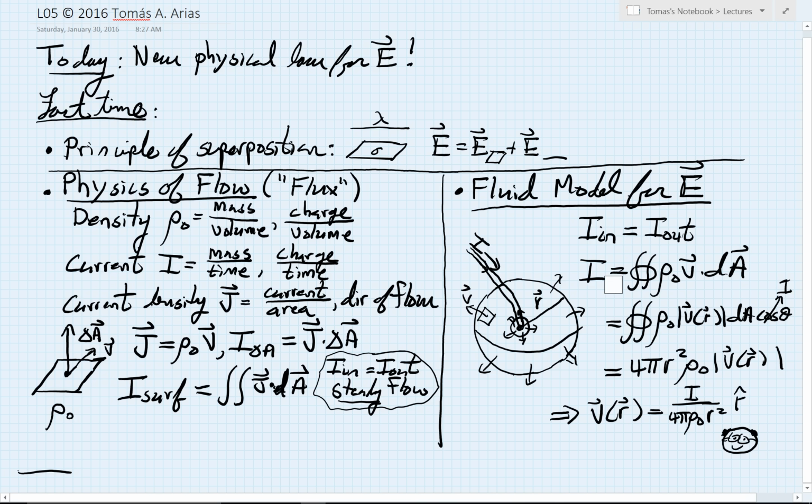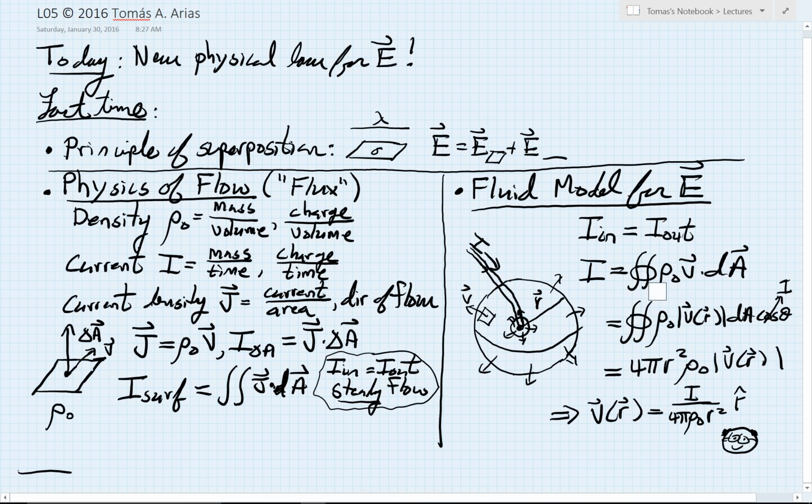So we can equate that incoming current I to the outflow, and to compute the outflow on this sphere, we have to take the flow out of every little surface patch and add them up across the surface. In this case, we are using a closed surface, so we know we are accounting for all of the flow, so we use the double integral sign with a loop indicating the closed surface.